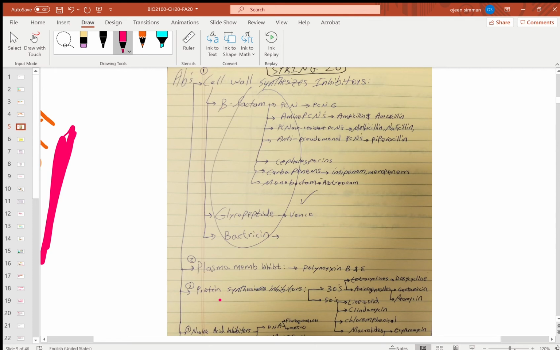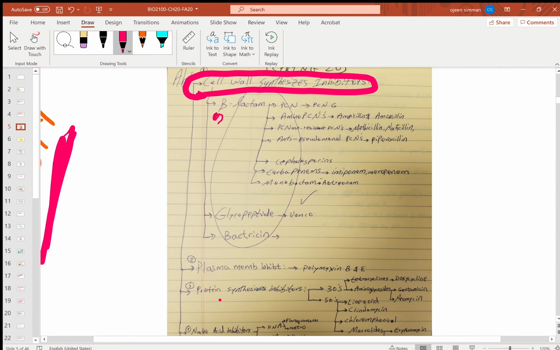So, antibiotics, how do we classify them? We classify them based on their mechanism of action. We have antibiotics that are cell wall synthesis inhibitors, meaning anything under this mechanism of action includes antibiotics that somehow disrupt the cell wall integrity of bacteria, and that's how they kill it. What belongs under this are the following classes.